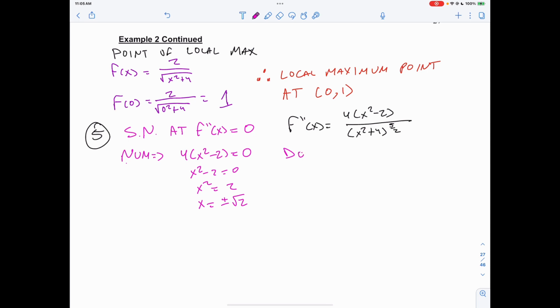When I take my denominator, x squared plus 4 to the power of 5 over 2, I find that there is no solution. There is no value that would work, since x squared would be equal to -4, which means my significant numbers exist at positive and negative root 2.